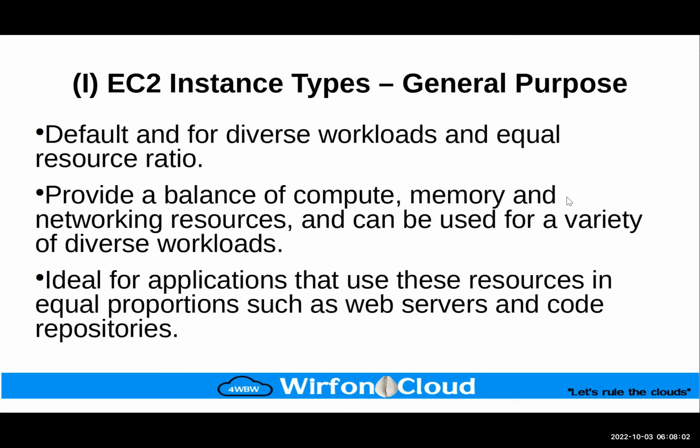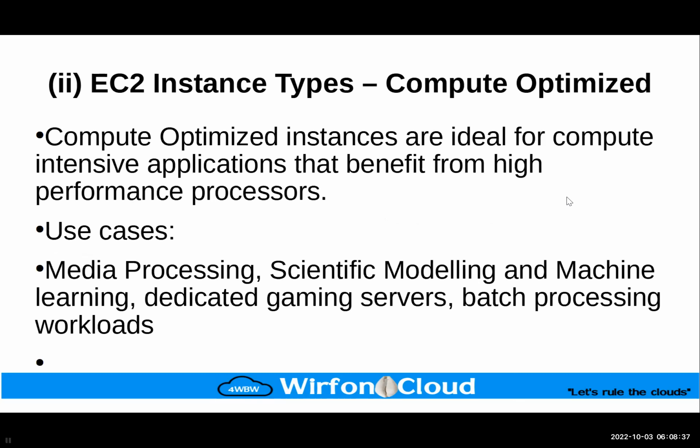It's ideal for applications that use resources in equal proportions, like the web server, so like if you're running a website, and code repositories where developers put up their code. So the general purpose is really used for a variety of diverse loads and provides a balanced compute, memory, and networking resources.